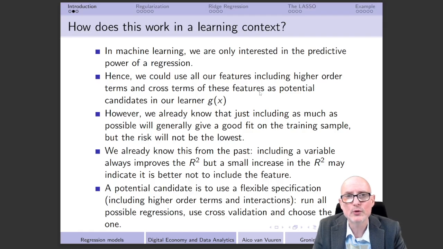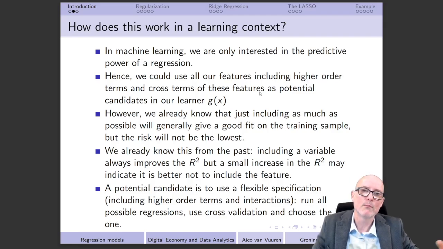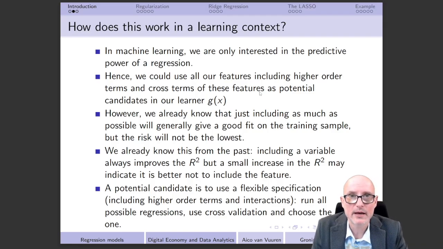However, we already know that just including as much as possible will generally give a good fit on the training sample, but usually the risk will not be the lowest. Including more and more regressors helps us get a better fit on the training sample, but in the end the theoretical risk is not going to be the lowest.